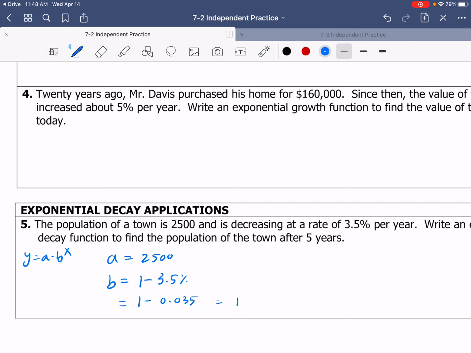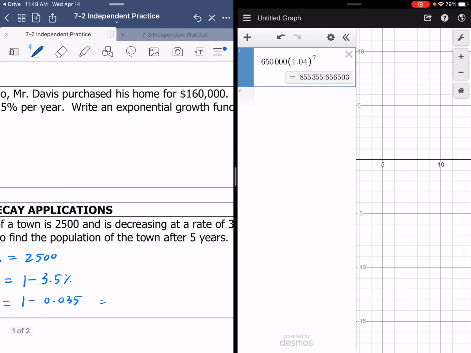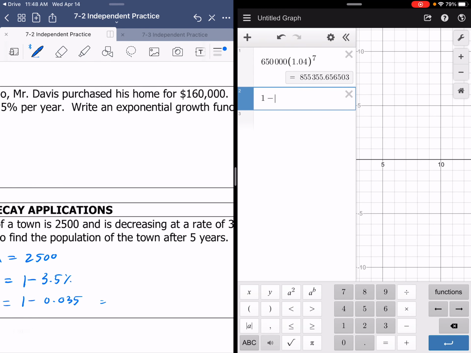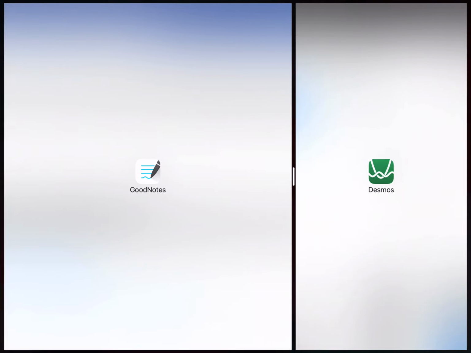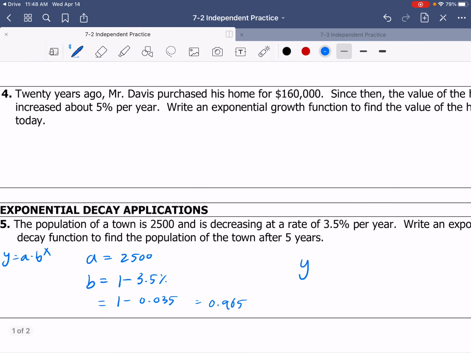I'll just tell you because you're gonna make a lot of mistakes here, so just use a calculator. It's gonna be 0.965, okay? You're not adding it, you're subtracting it. So this is the same as y equals 2,500 times 0.965 to the x power, but instead of x, we're gonna put 5.